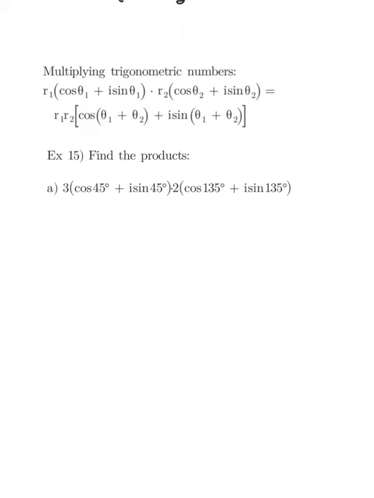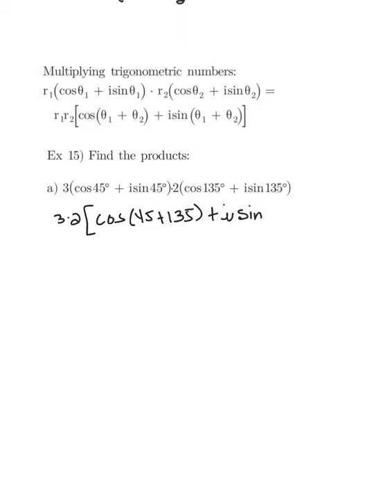If we want to multiply these two trigonometric numbers, we multiply the r's. So we do 3 times 2. Then we start with cosine and add the two angle measures, 45 plus 135, plus i.